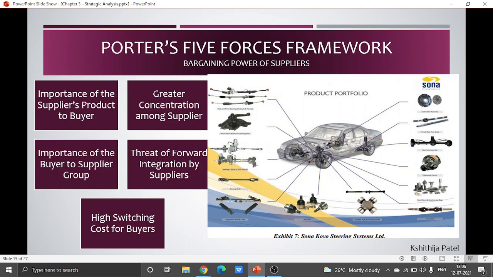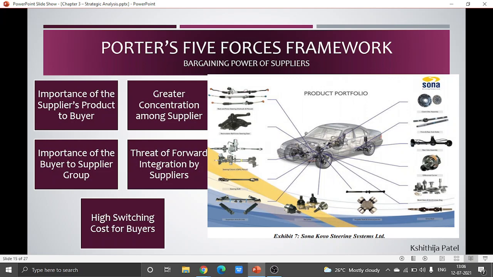Now, if we take the example of the automobile industry in India, Sona Koyo Steering Systems Limited is the largest manufacturer of steering systems for the passenger car and utility vehicle market.